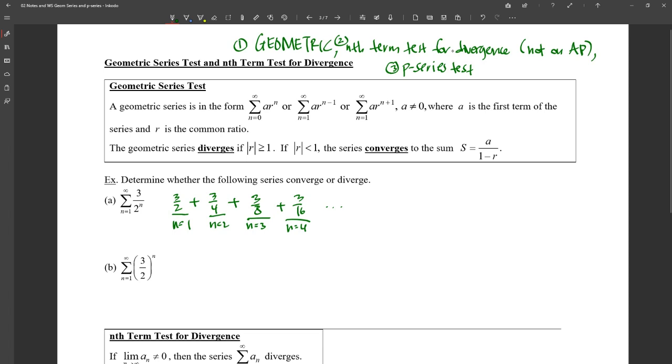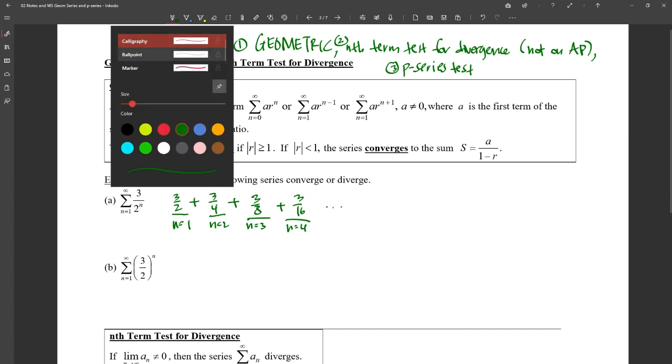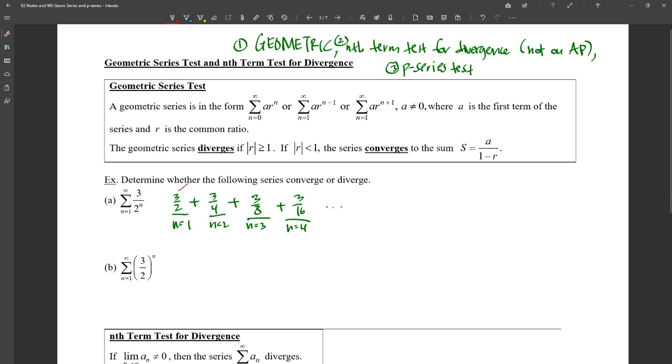And instead of having to add up every single partial sum and looking at its sequence, I can use the geometric series test. The geometric series test says that I look at the common ratio between all of these. So what is the common ratio here? 3/2 times what is 3/4? 1/2. 3/4 times what is 3/8? 1/2.